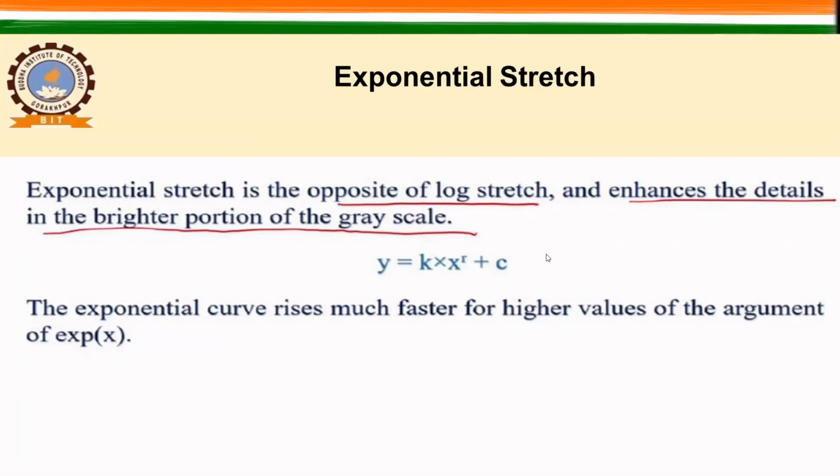In the darker portion, we have highlighted the information, but here in the exponential stretch, we want to extract some information which is not available in the raw data using this exponential stretch. Okay, so the exponential curve rise much faster for higher values of the argument of the exponential of x.